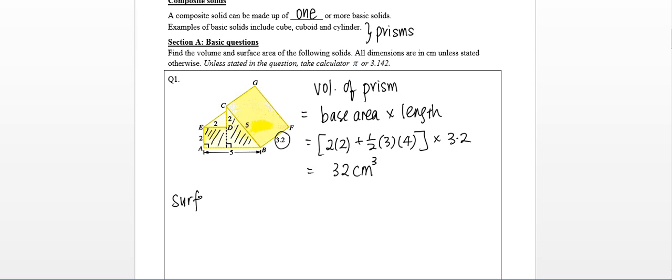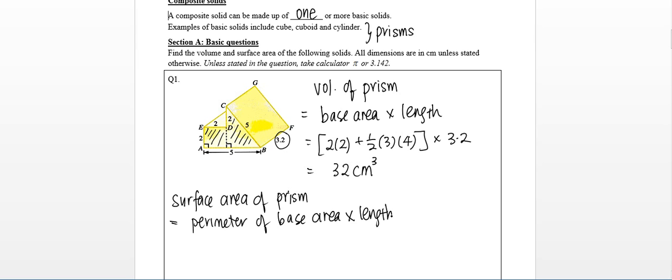Now we look at the surface area of the prism. The surface area of the prism is given by the perimeter of the base area times its length, and then you add it to 2 times your base area.